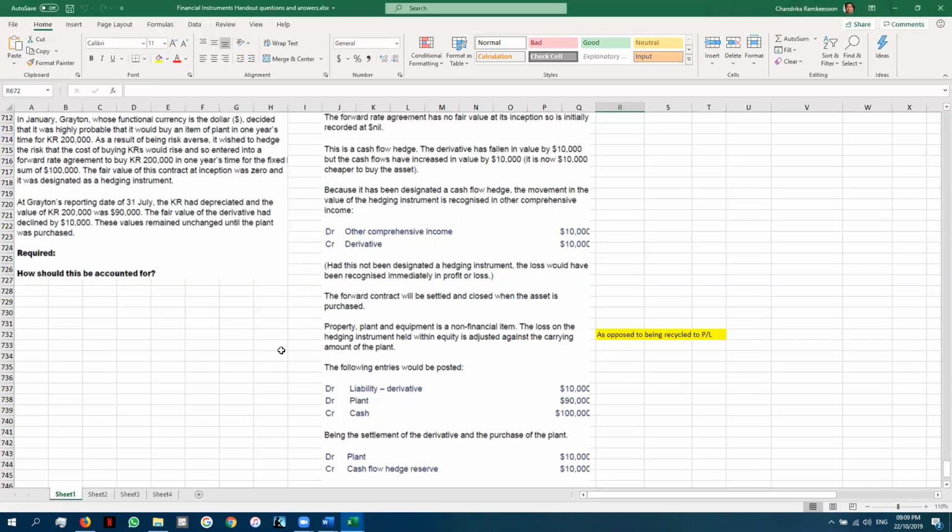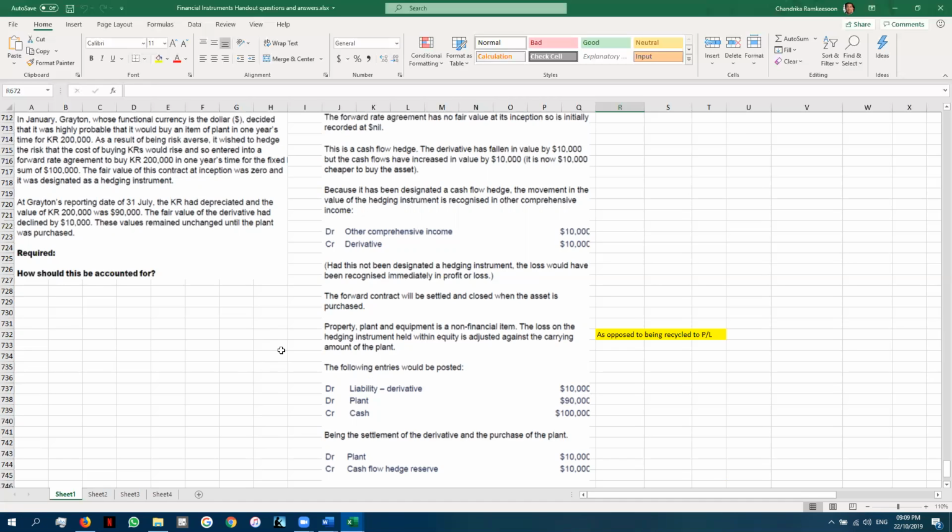The criteria were not satisfied. Remember, you were told one of the criteria, it has to be formally designated at the start as a hedging instrument. So if it was not designated like that, meaning hedge accounting would not have applied, meaning we do not need to consider whether it's a fair value or cash flow hedge, then it means that any movement loss would have been reported in P&L.